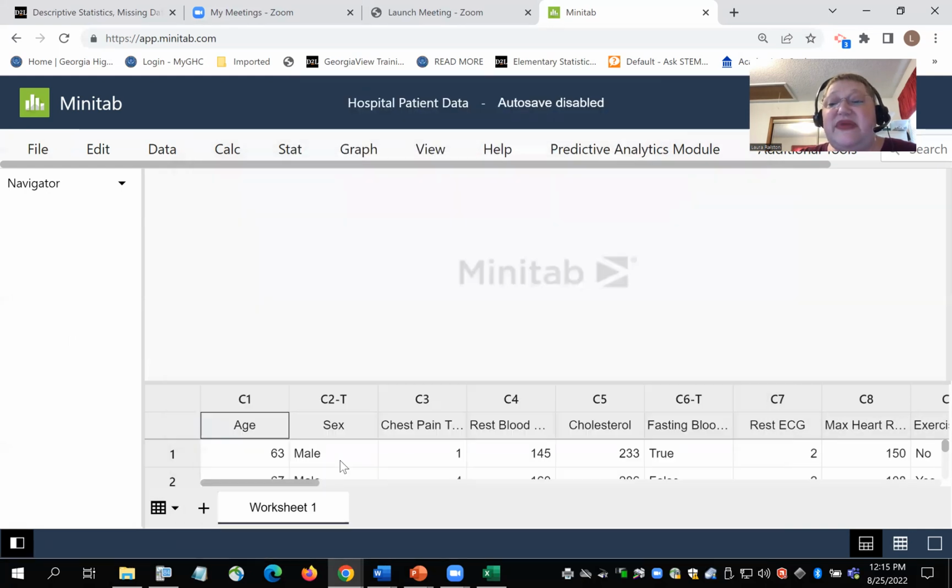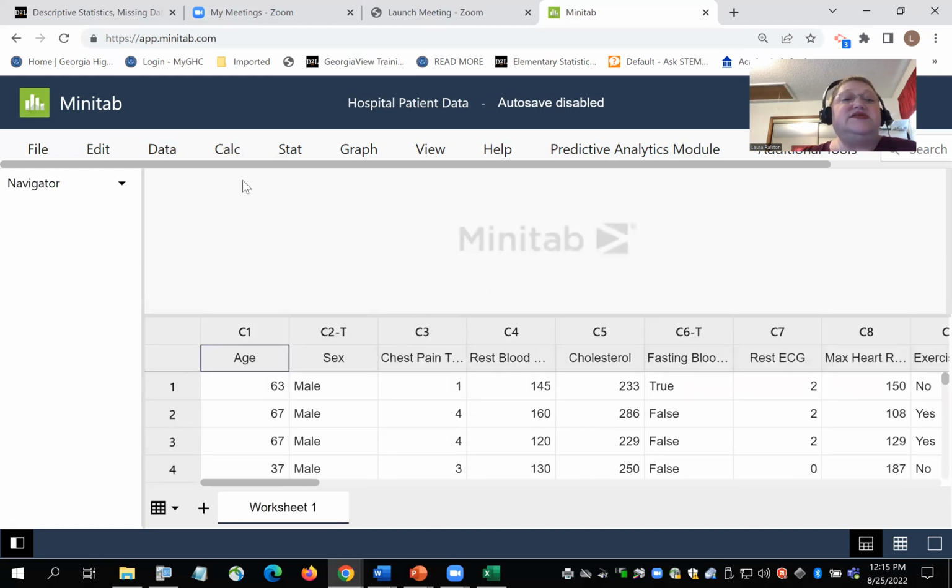Because now I'm in MINITAB, see that file has a suffix of .mpx. M is the designation for MINITAB, P tells me that it's a project, and then you've got the X. I don't know what the X stands for. So I pulled it into MINITAB and it opens.